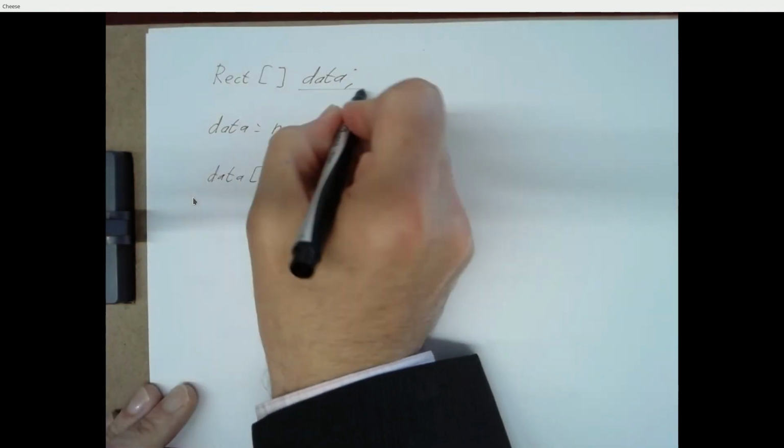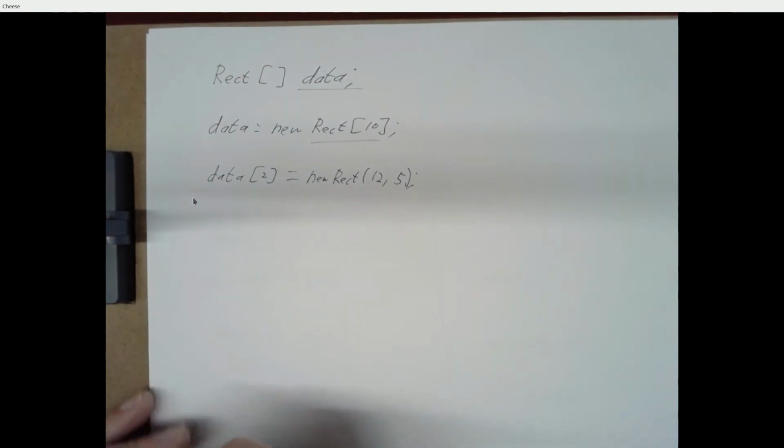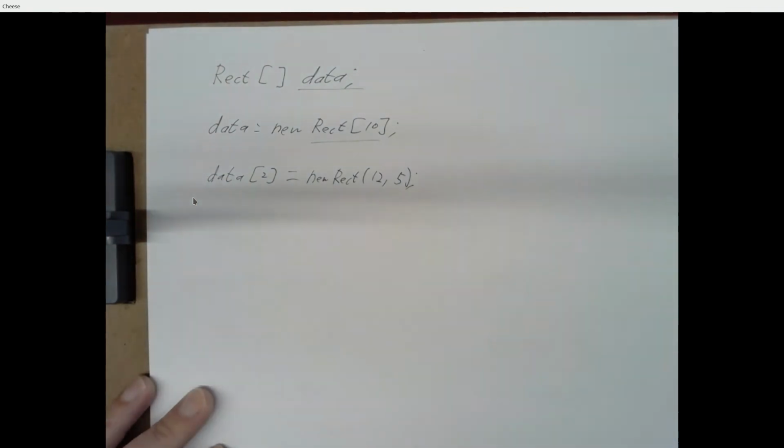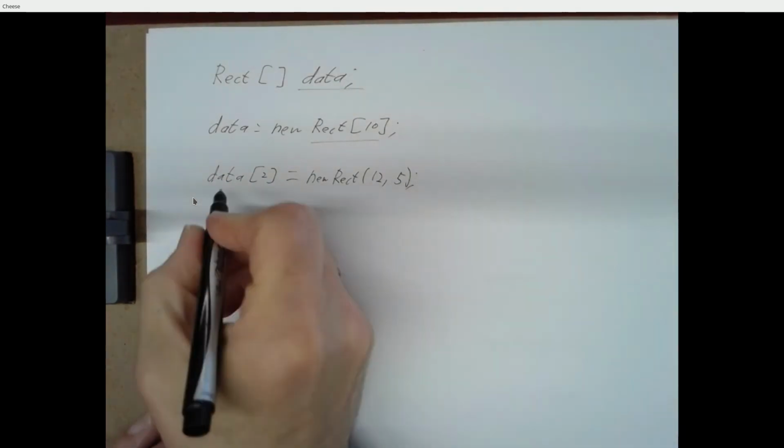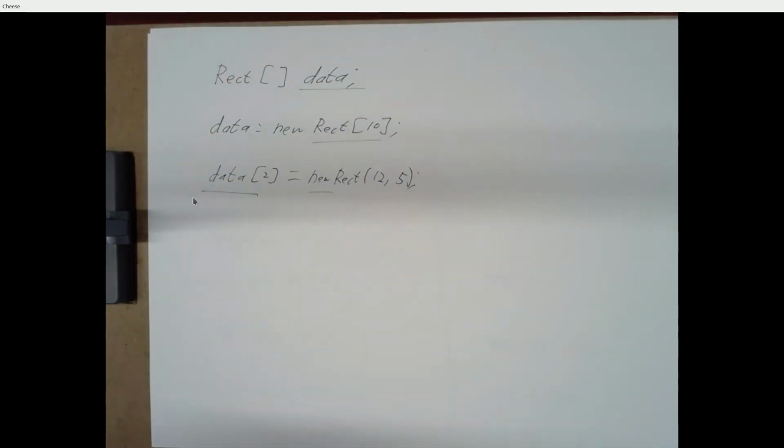One is declaring this thing to be an array, and using the new keyword to actually make space for those objects. But we also have to give these things values, either by constructing them or setting them equal to something else. That's a pretty common error when you have arrays of objects. You'll keep getting null exceptions because you forgot to actually give this thing a value. So keep that in mind, and when it comes up, we'll talk more about it.